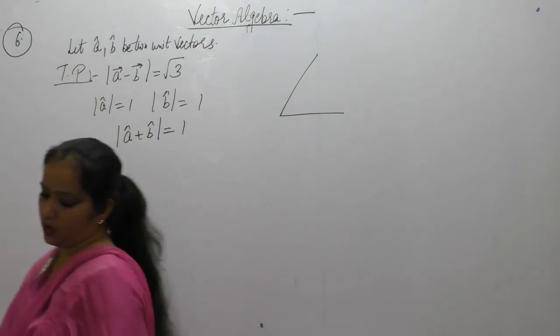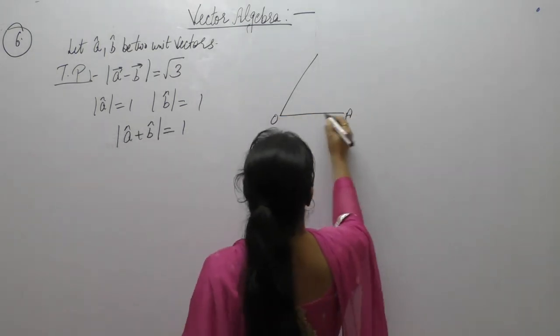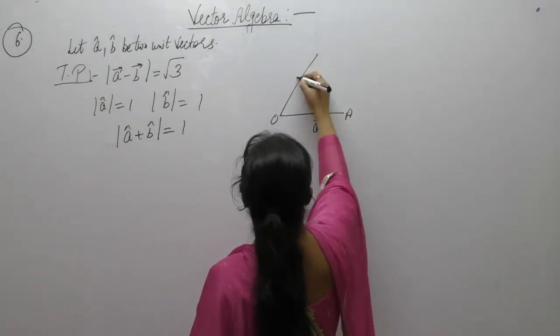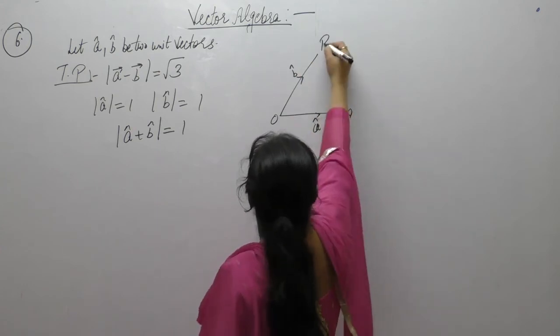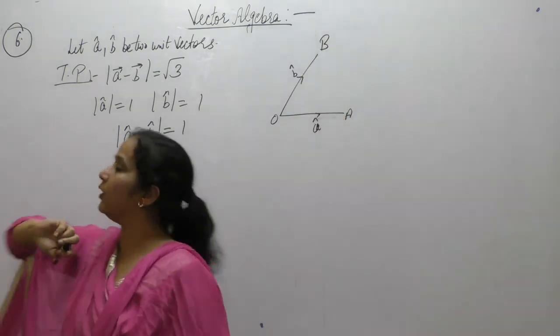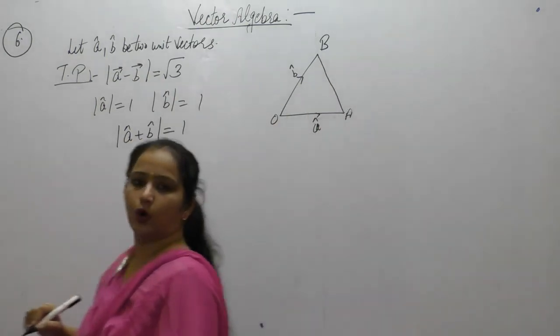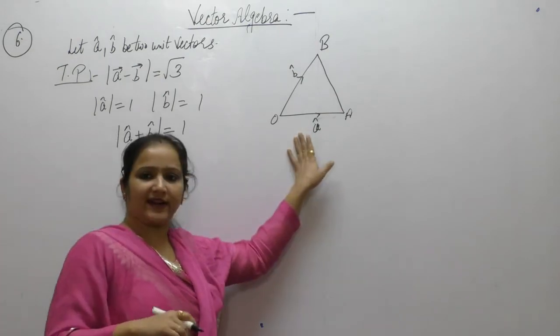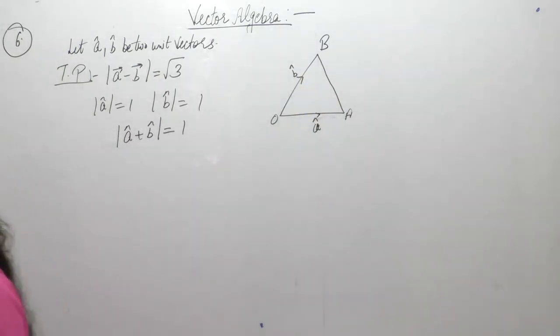Let OA, A vector and B vector be two unit vectors, of triangle OAB. OA is unit vector A and OB is unit vector B.